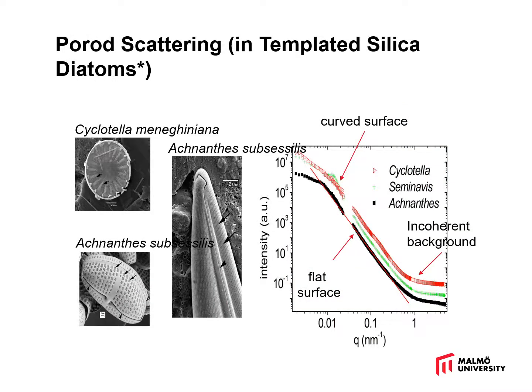Here I've given an example of scattering from 3 diatoms, which are phytoplankton, and clearly from the electron micrographs at some length scales they're curved. But if you look at the scattering curves over a large range of Q, there's this -4 slope that's given by the red line.